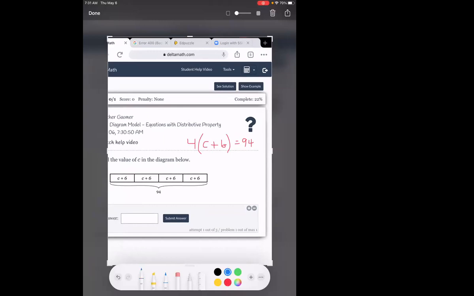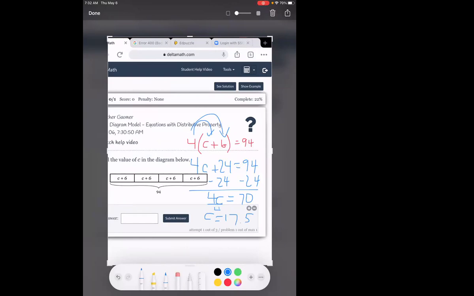Then I can distribute. Remember, we're going to multiply to get rid of parentheses. 4c plus 24 equals 94. Subtract 24. If I take 70 and divide it by 4, I'm going to get c equals 17.5.